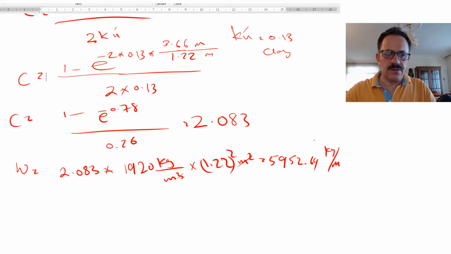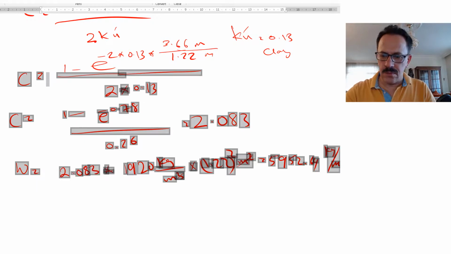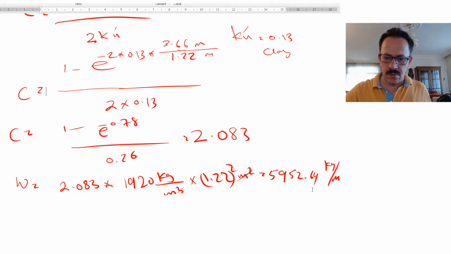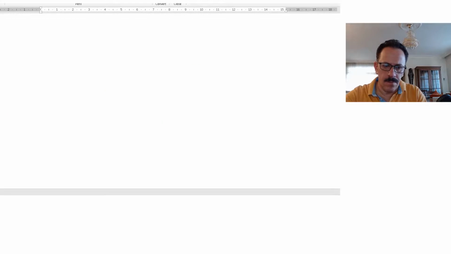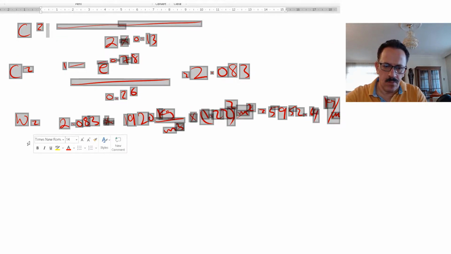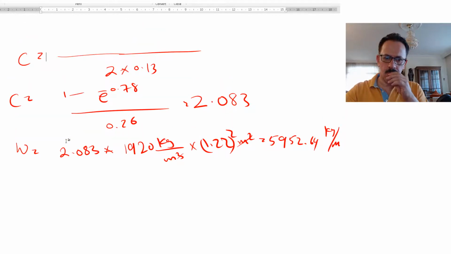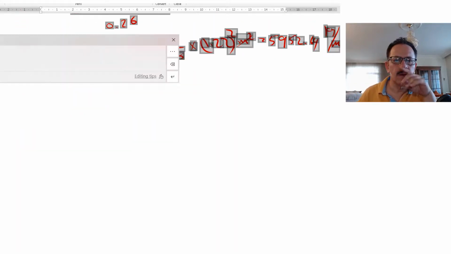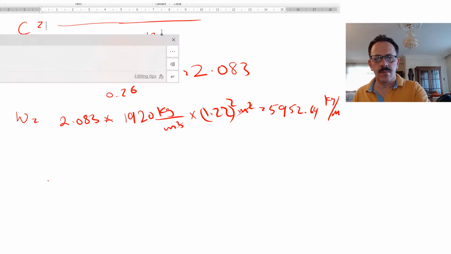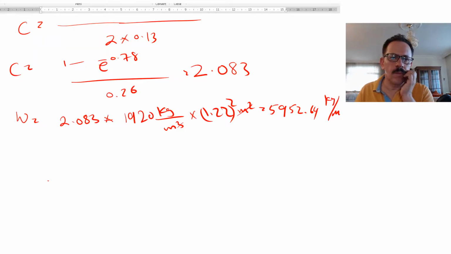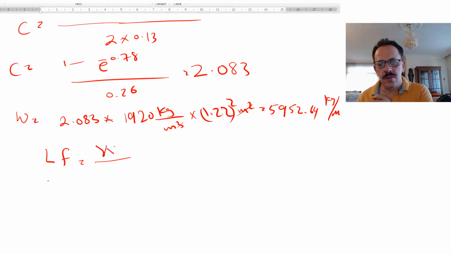Now the load factor is equal to the load on the pipe divided by the crushing strength.